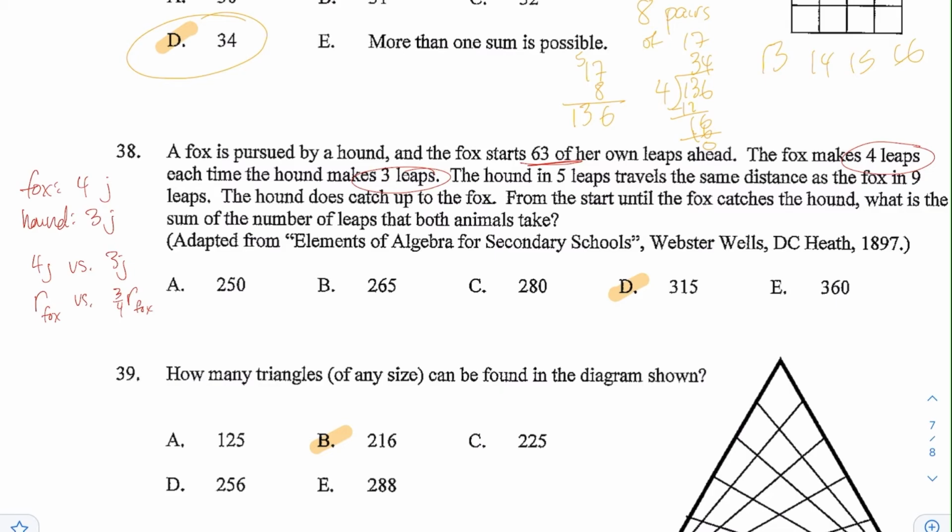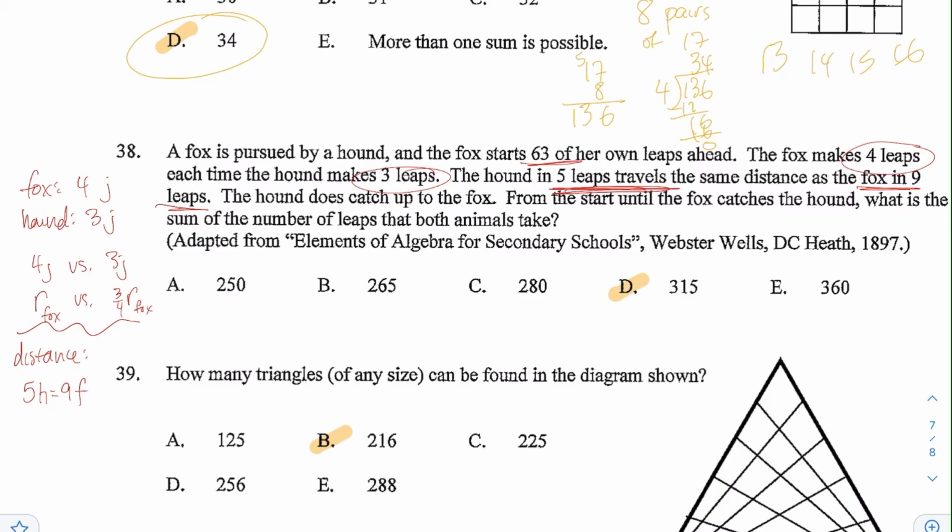And then in terms of the distance, the hound leaps 5 times, 5 jumps, the same as the fox's 9 jumps. So 5 of the hound leaps, 5H, is equal to 9 of the fox leaps, 9F.